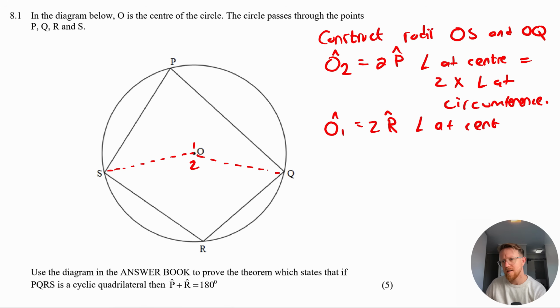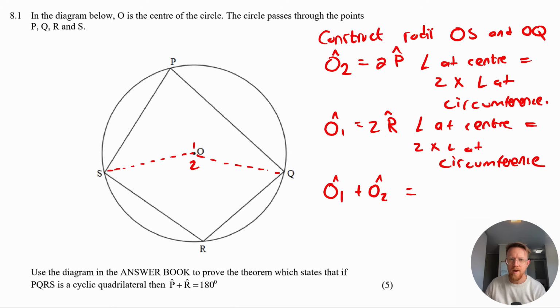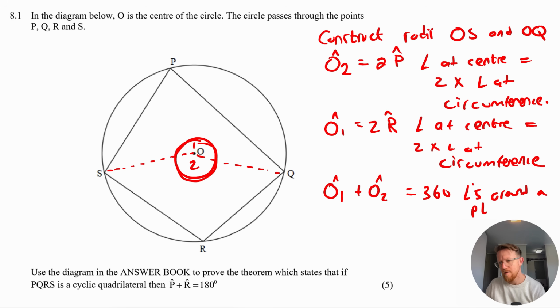Now the next thing, if you take O1 and you add it with O2, we know that these angles together should add up to 360. Why? Because they are angles around a point, right? Angles around a point add up to 360 degrees.